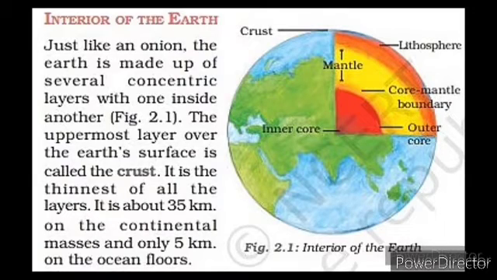So the crust is the thinnest of all, and its arrangement is like a jigsaw puzzle, with pieces fitted together one into another, as you can see in the model of plate tectonics, where the pieces are arranged one after the other.